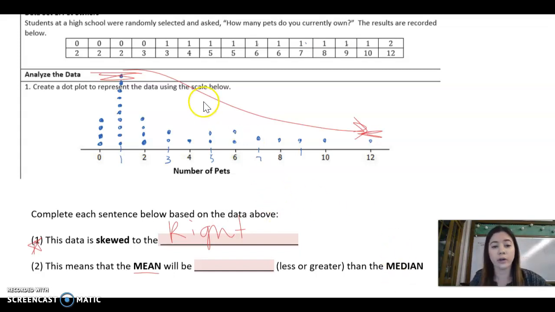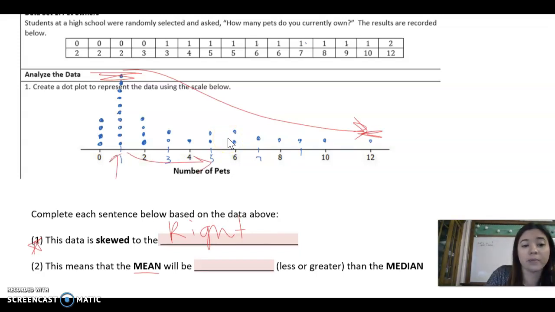All right, so again, when it's right skewed, the mean is weak, so it's going to pull my mean to the right. So my median is going to be somewhere where the bulk of my numbers are, and then it's going to pull my mean to the right, so my mean is going to be larger than the median.